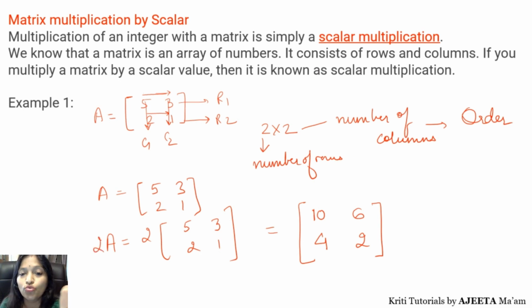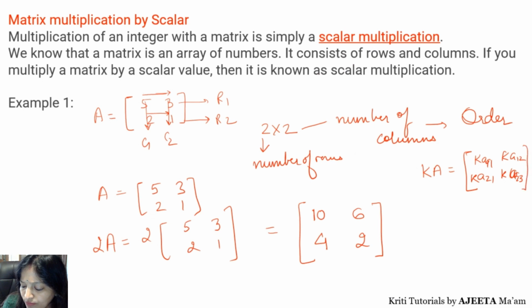So if I take 2A, so that 2A will become what? Every element of the matrix will be multiplied by the number 2, correct? So if I simply give you a general thing, kA means you are multiplying all the elements of the matrix with k. a11, a12, a21, आप सबको किससे मल्टीप्लाई कर रहे हो? k से. ऑर्डर कुछ भी हो सकता है.